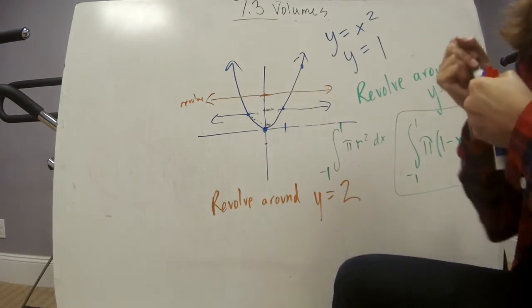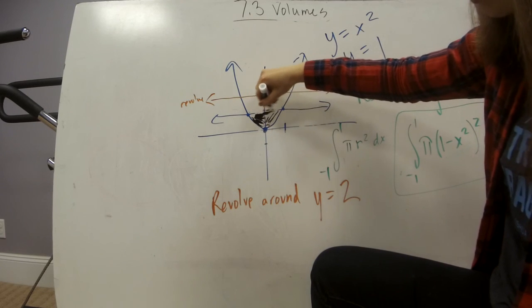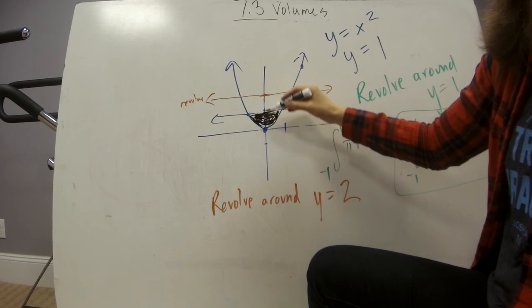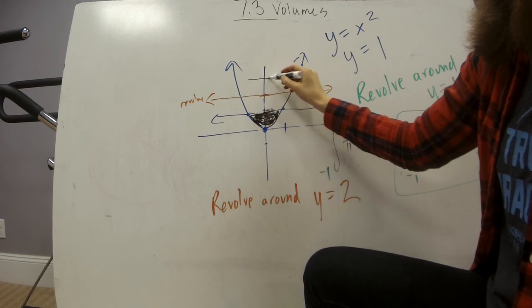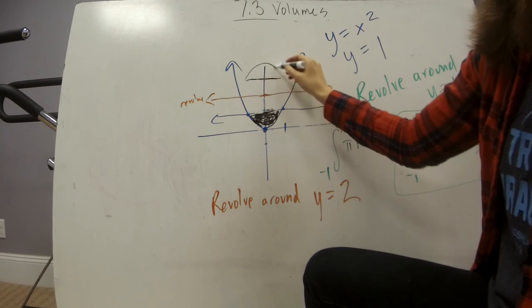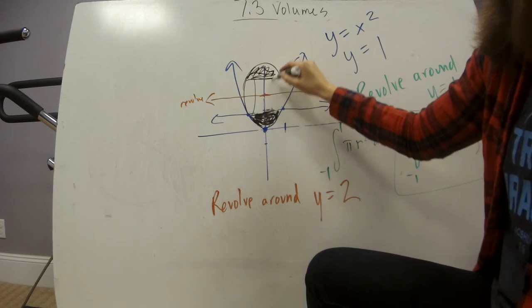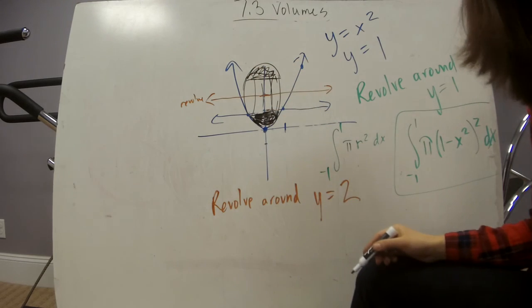If this is our revolving line, that means that this shape right here that we already have is going to be revolved around this, so its reflection would be here. It would get revolved. This thing would end up looking kind of like a ring, really.